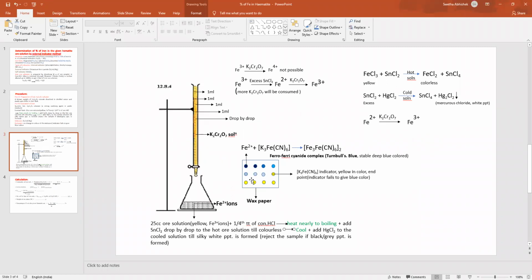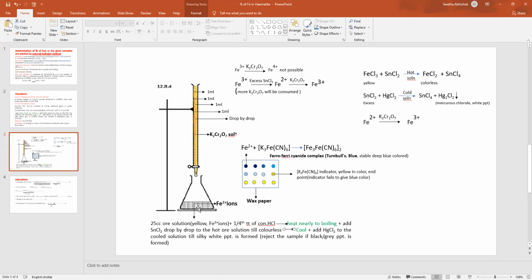And one more important piece of information: the same experiment can also be carried out by using an internal indicator, that is diphenylamine. But just to know how titration is performed by using an external indicator, this external indicator is used in this experiment. But what happens if this potassium ferricyanide indicator is used internally?